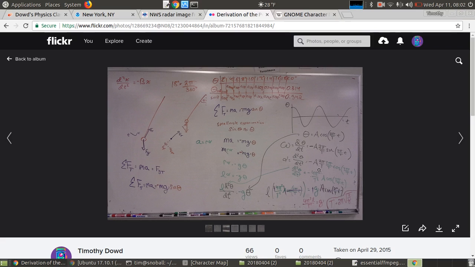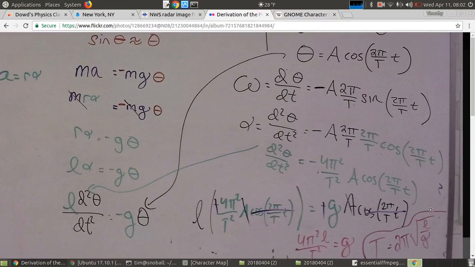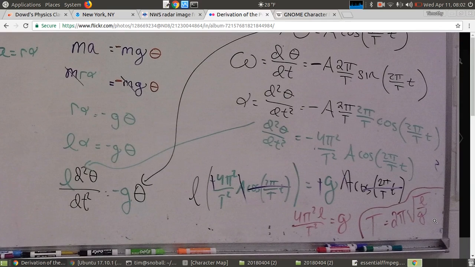I take the second derivative to get alpha. And then I can just plug in theta and alpha. And I end up with an equation where almost everything cancels, just like before. And what's left can be rearranged to solve for period. So that is the equation for the period of a simple pendulum.